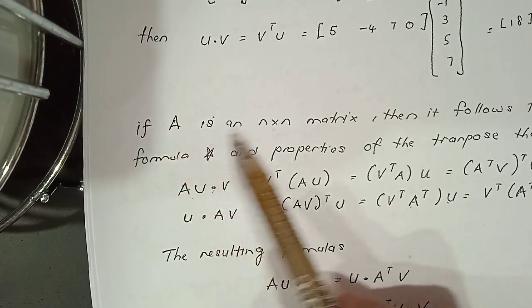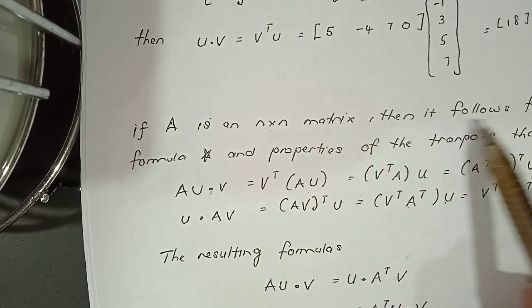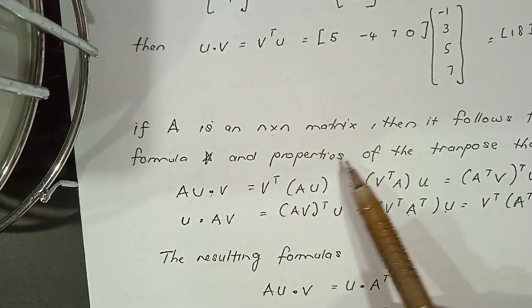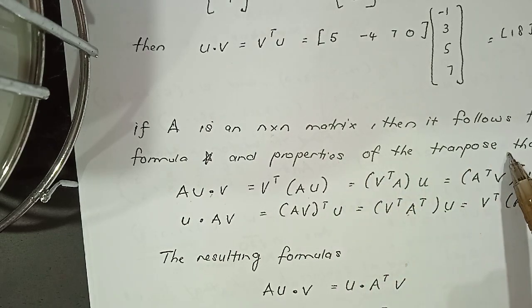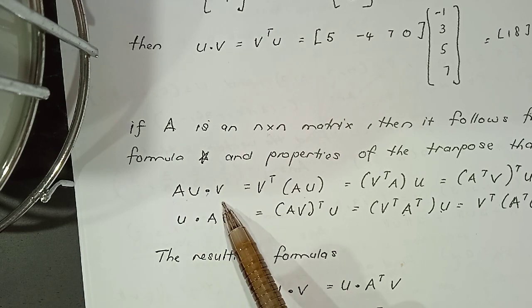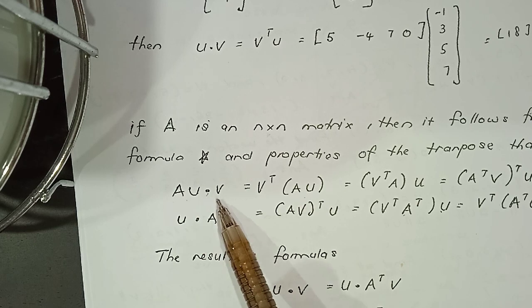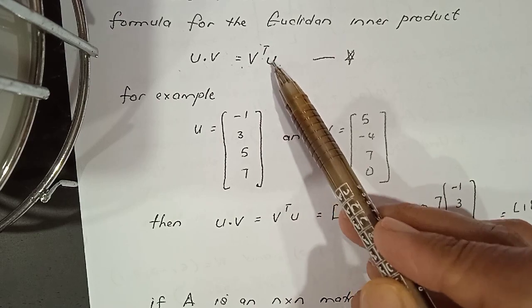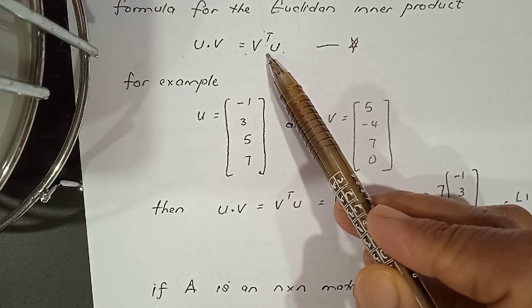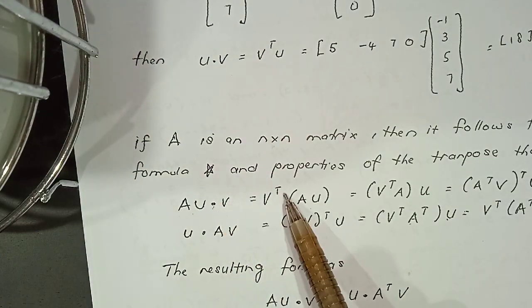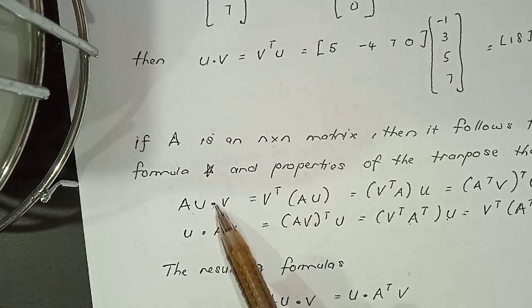If A is an n times n matrix, then it follows from this formula. Let's say A is in matrix form, and u and v are in vector form. So Au dot product v is equal, using this one, the second vector we transpose and multiply with the first vector.